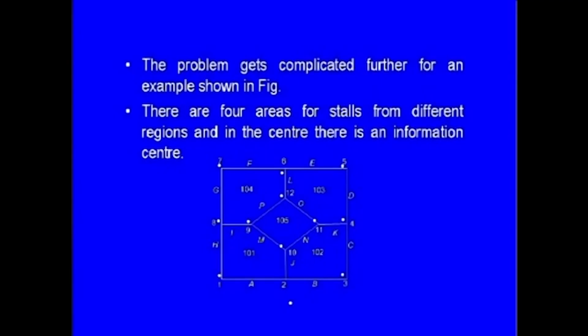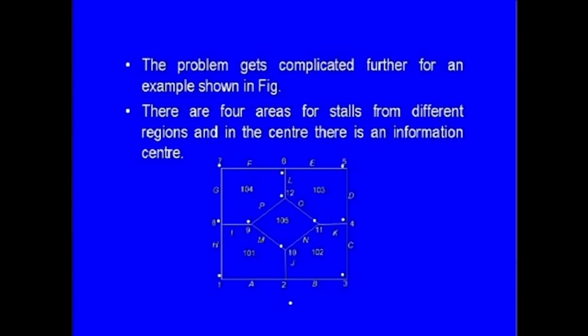Well, we can complicate this problem further. Instead of dividing it into 3 plots, it can be divided into 5 areas, wherein there is a central area lying inside, and the rest is divided into different blocks, each of which could represent, say, 4 stalls in a World Book Fair.